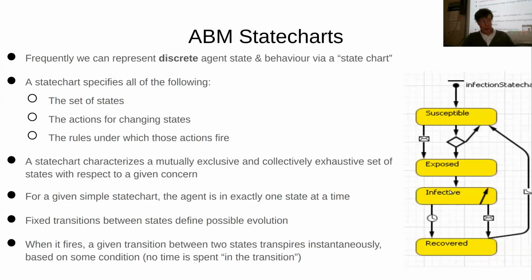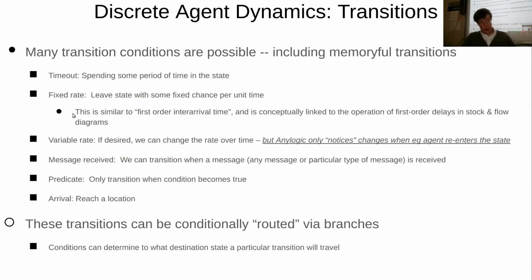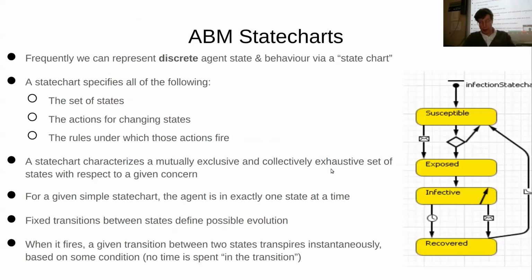But in general, we can have transition types that are extraordinarily flexible. They can depend on a fixed rate, in which case they're memoryless, an invariant rate that's the same per unit time. That would mean every day or so, someone has the same kick at the can of leaving down this transition. It's a continuous notion. It's a hazard rate.